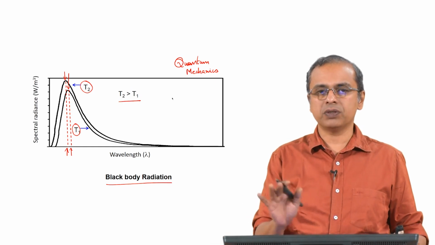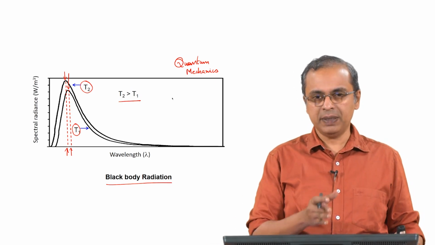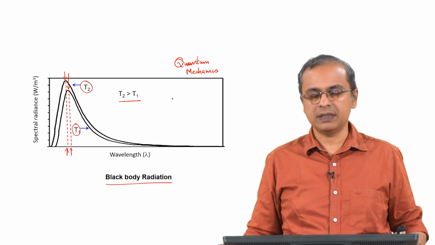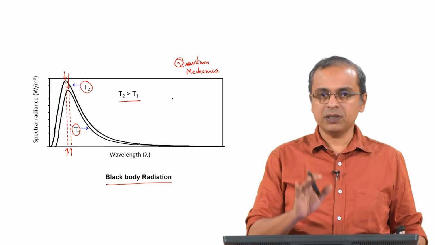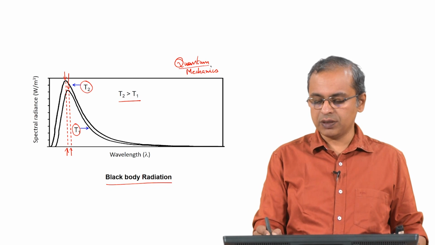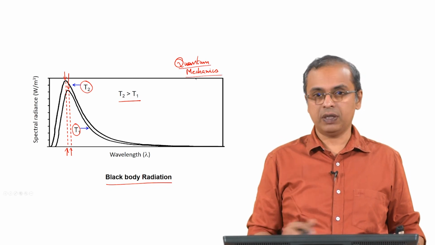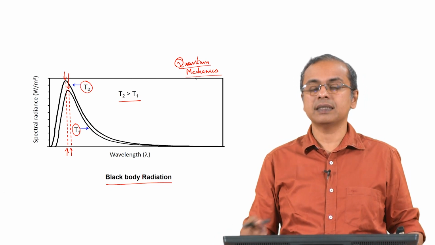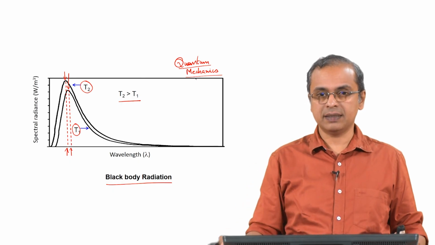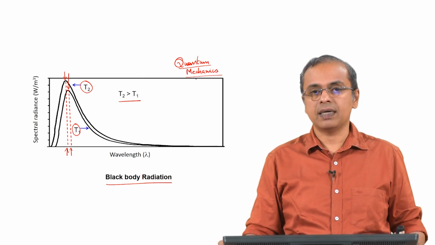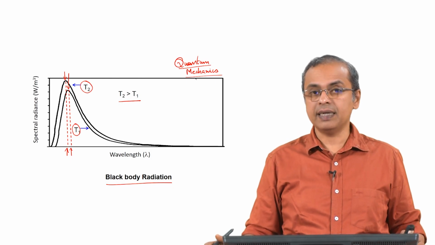This exact curve that you are seeing on your screen depends on which temperature it was looked at, but the analysis of this curve is what led to the discovery of quantum mechanics as a field of science within physics. This happened around the year 1900.